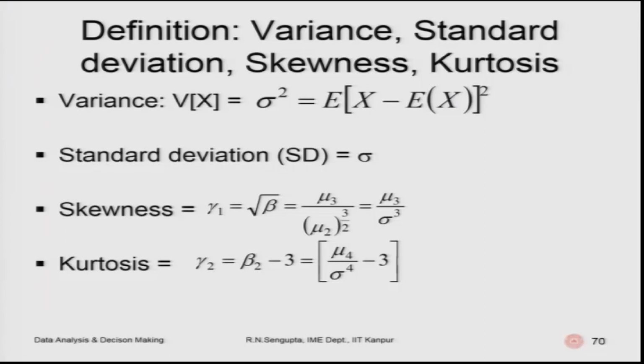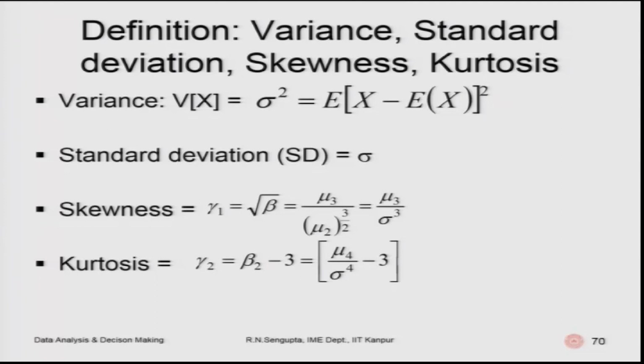So, the maximum value. Now, the definitions of variance, which is the dispersion concept, standard deviation, skewness and kurtosis. The variance is given by the symbol sigma square, and it is calculated as the expected value of the squared differences between the actual value x and its expected value.